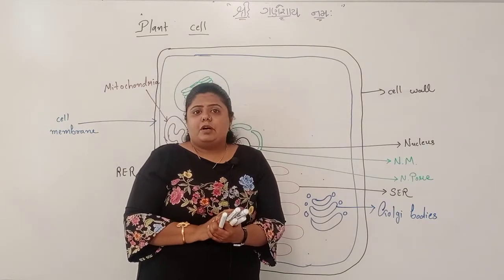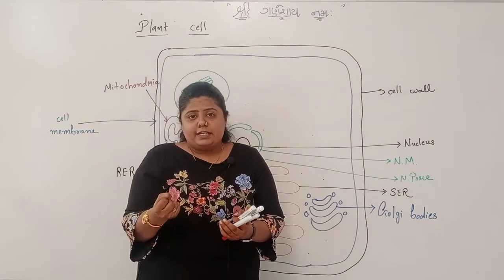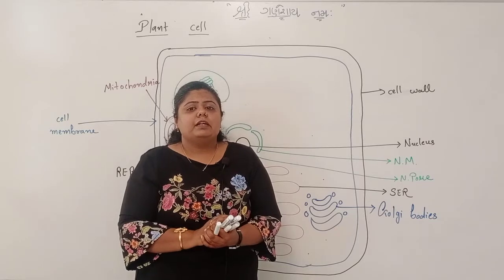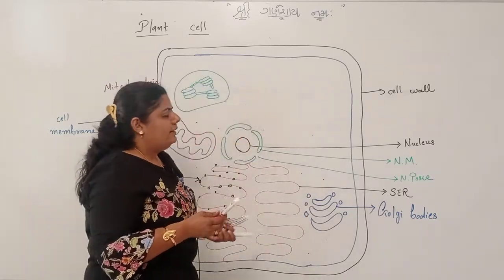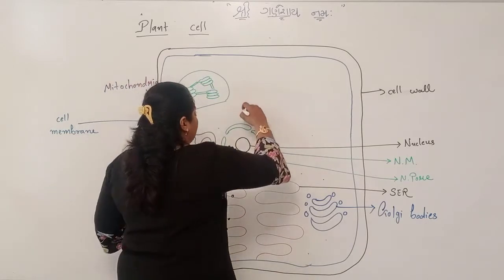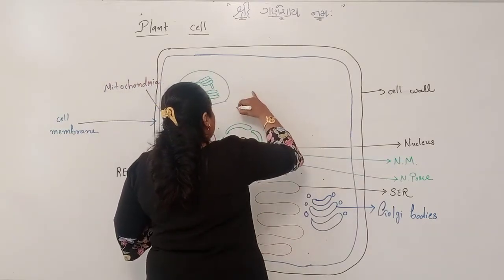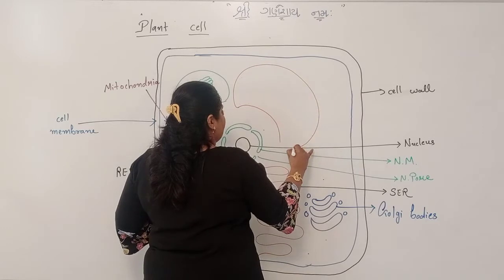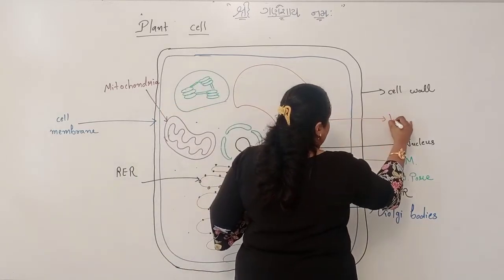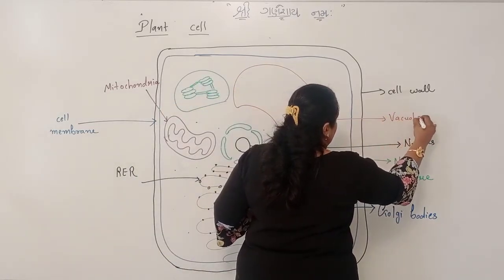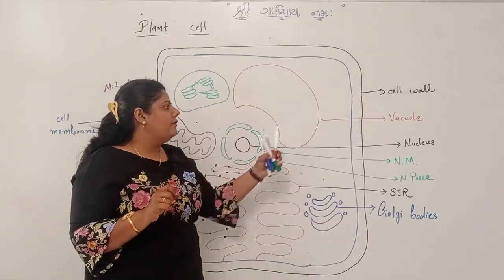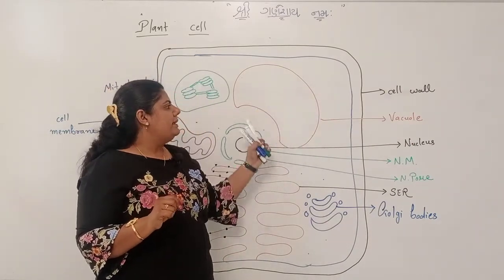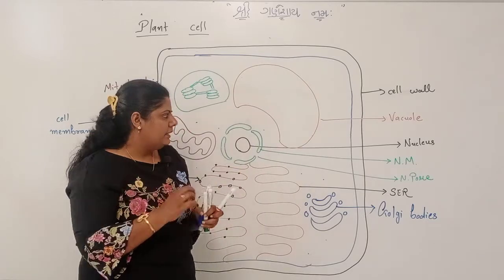Because it absorbs wavelengths of sunlight and is useful for food production. Next organelle, vacuole. Function, storage. Most of the material is stored in the vacuole. So the maximum area is covered by the vacuole.